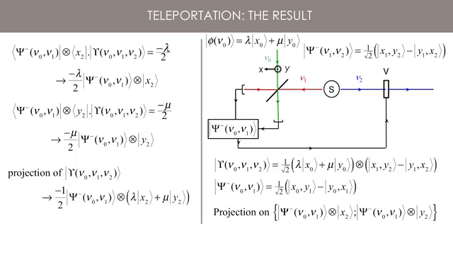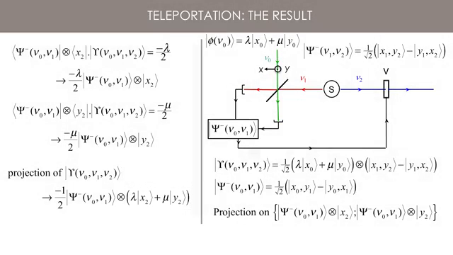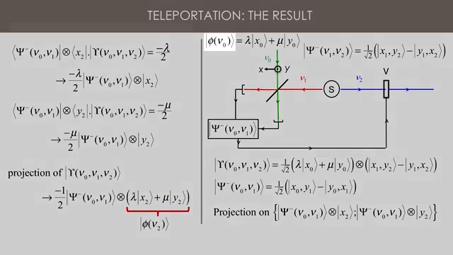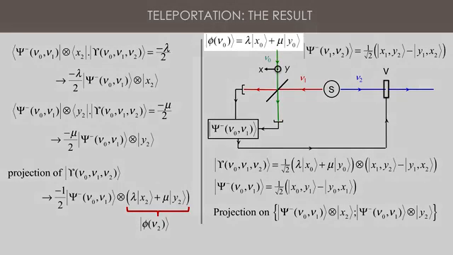It is, within an irrelevant global factor, the product of psi minus of nu0, nu1 by a state of nu2, which is identical to the initial state of nu0 with its two components lambda and mu. We have thus copied the state of nu0 onto nu2, and nu0 has disappeared.